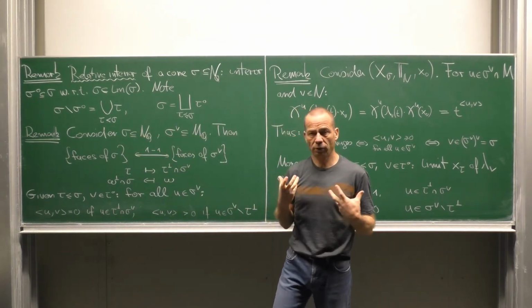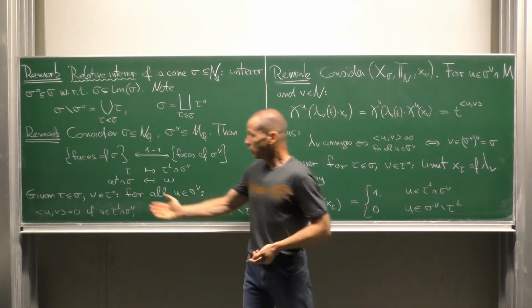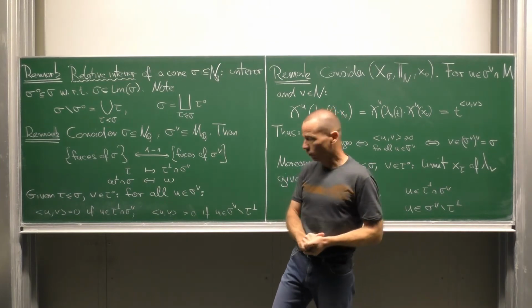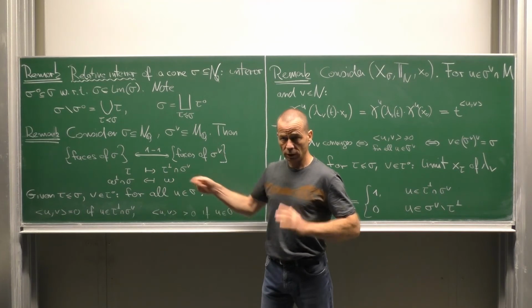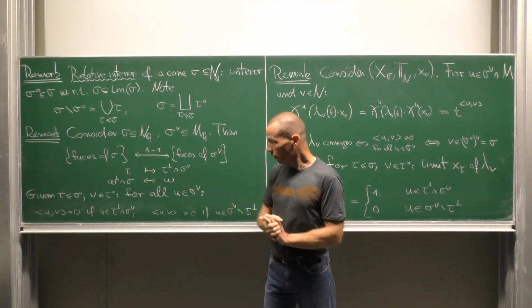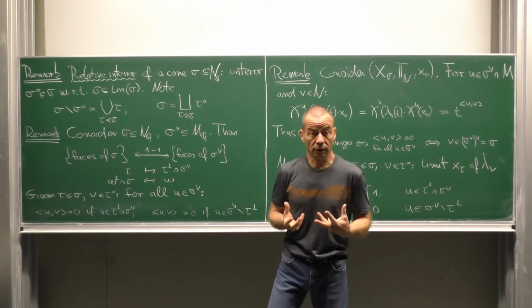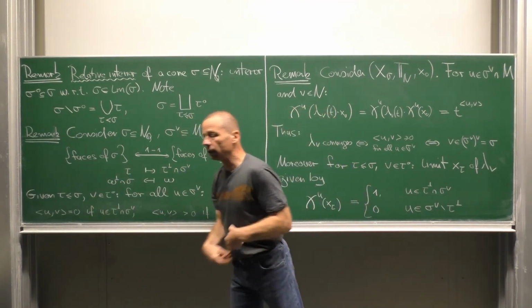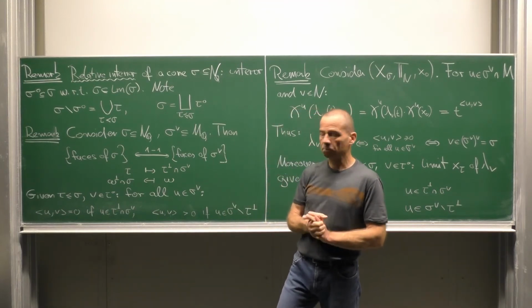That means we have a bijection from the set of faces of sigma to the set of faces of sigma dual, sending a face tau to the perpendicular space to tau intersected with sigma dual, and the inverse of this map is defined in an analogous manner.